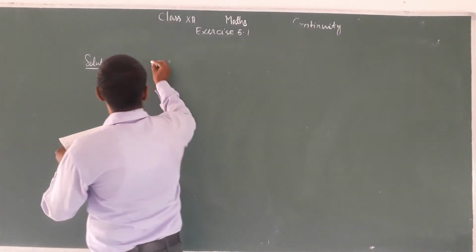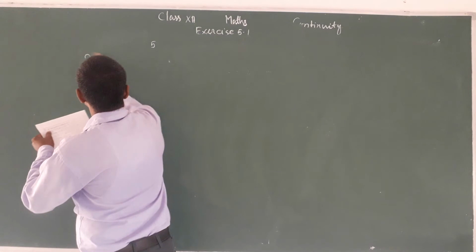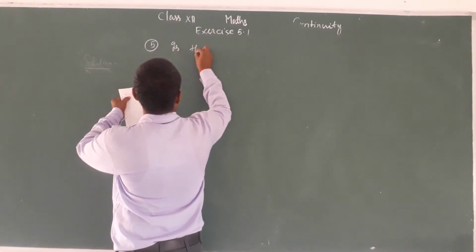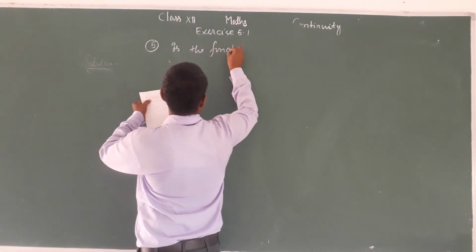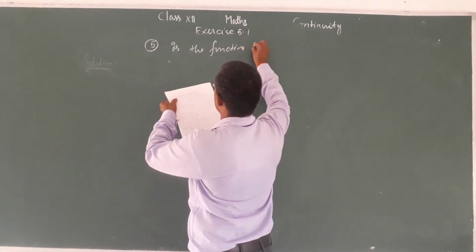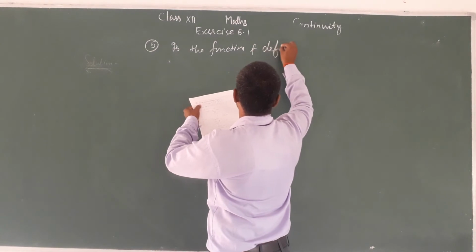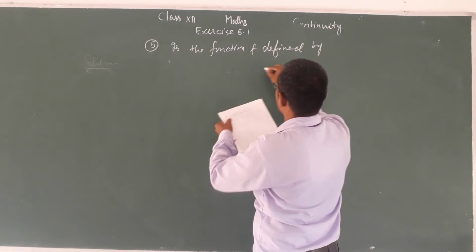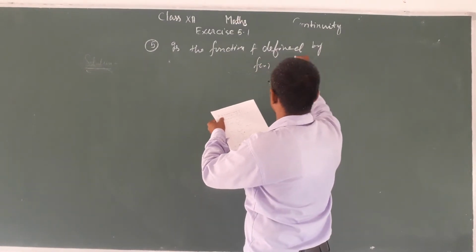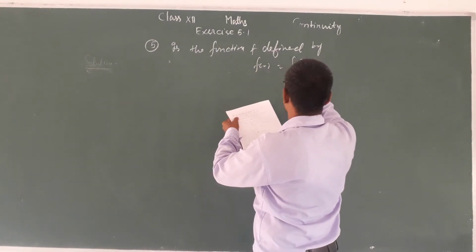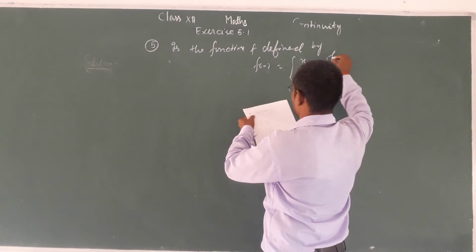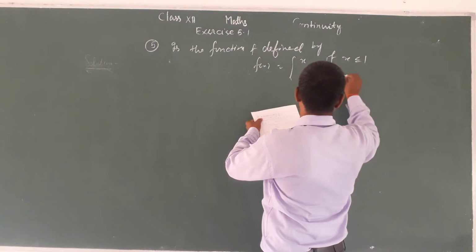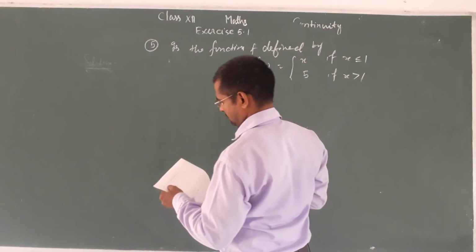Question number 5: the function f is defined by f(x) equal to x if x is less than or equal to 1, and 5 if x is greater than 1.